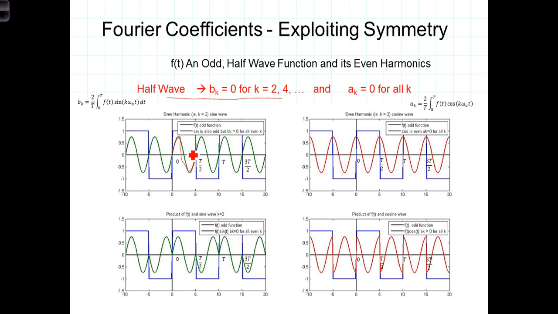And again, when you do the multiplication, positive times positive is a positive lobe. Negative times positive is a negative lobe, similarly on the second half.